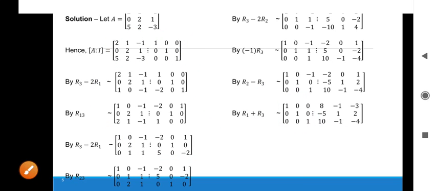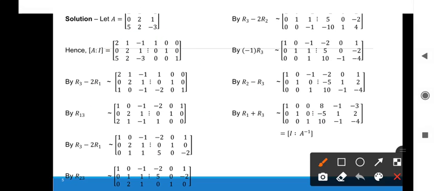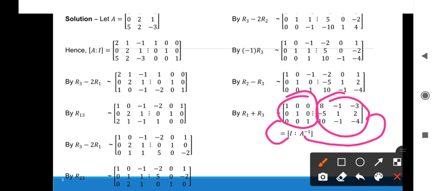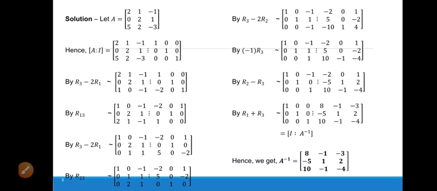So we can write this as I, A inverse. So this is the first matrix, here is the I matrix, that is identity matrix, and this second matrix is matrix A inverse. So from this you can easily write the inverse of the given matrix, that is A inverse, which is nothing but the 3 by 3 matrix with first row elements 8, minus 1, minus 3, second row elements minus 5, 1, 2, and third row elements 10, minus 1, minus 4.